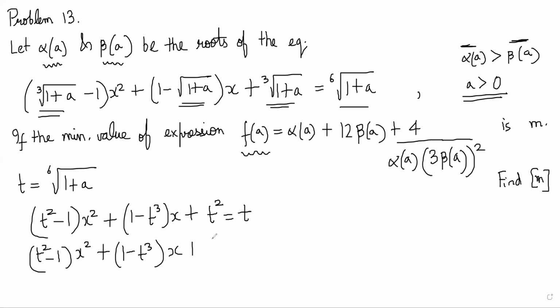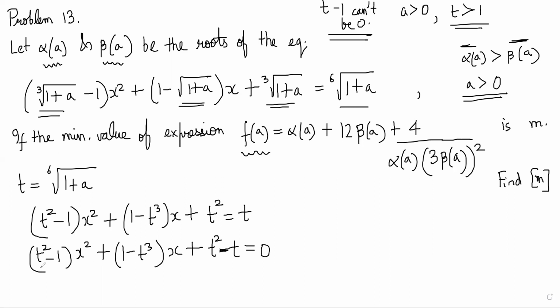So we'll get this plus t square minus t is equal to 0, right? Now, if you notice, since a is greater than 0, we know that t is greater than 1. If t is greater than 1, t minus 1 can't be 0, so we can cancel that factor without any errors.